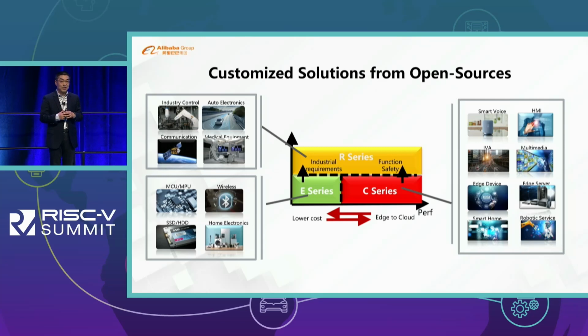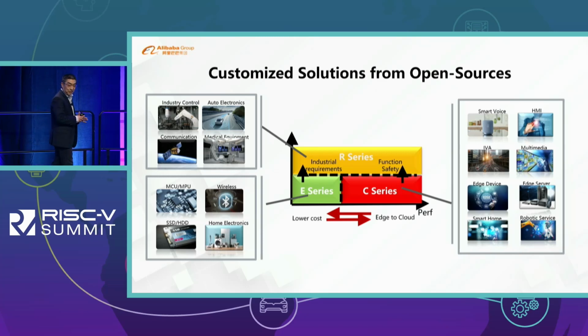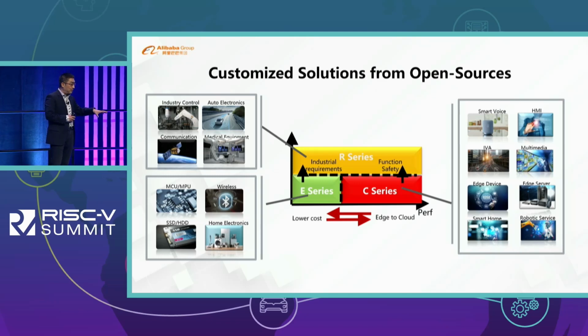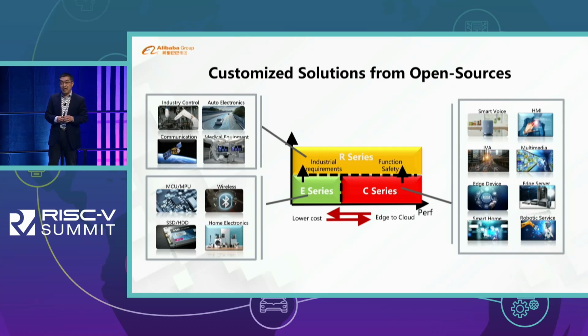In summary, we believe the future is the open source world. We build customized solutions from open source. In the picture in the middle, you see the processor series. The E series is more on the embedded side, and the C series is for computing and high performance.